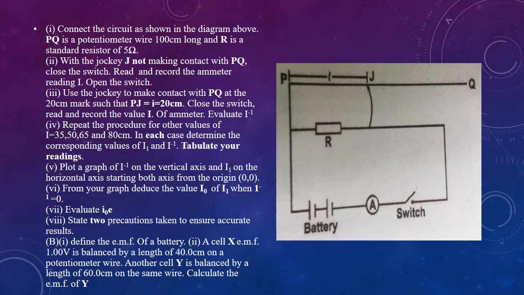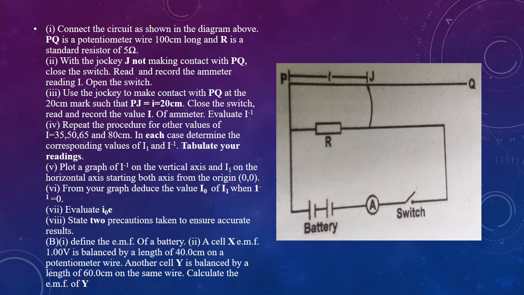You will see from point I. It says use the jockey to make contact with PQ at 20 cm. Mark such point PQ to be I, which means in our table we are going to have the quantity I, which indicates current.